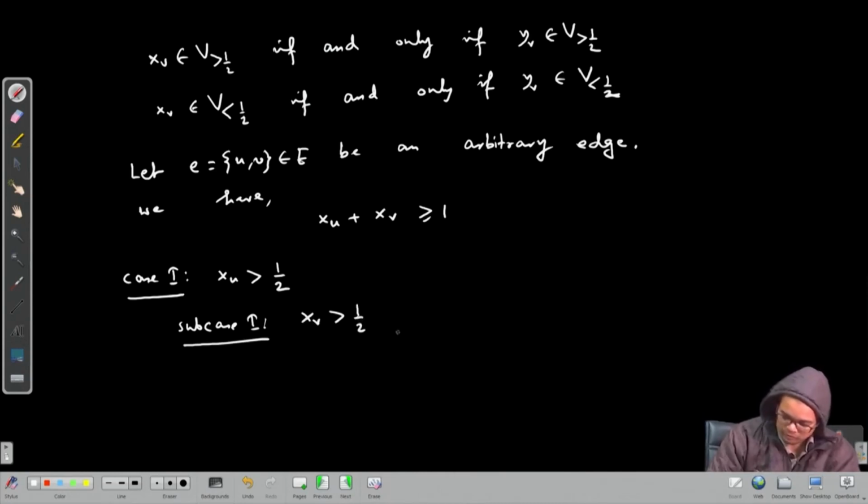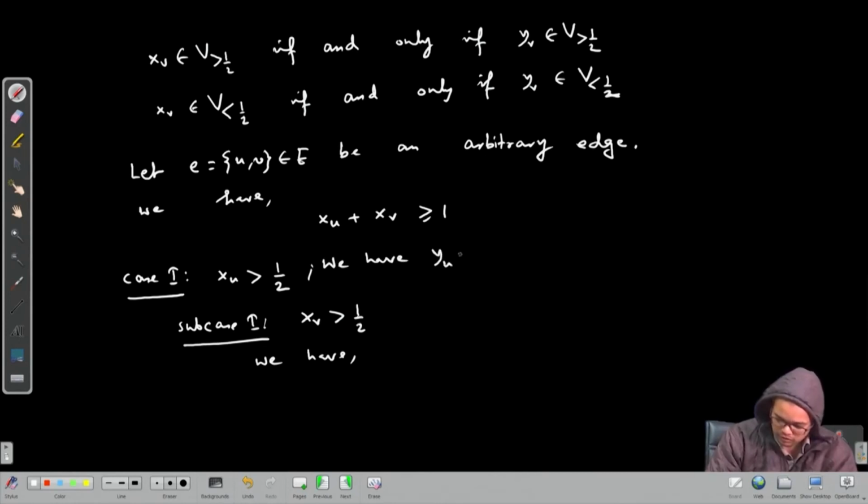Then we have, in this case, if x_u is greater than half, then y_u is also greater than half and z_u is also greater than half.